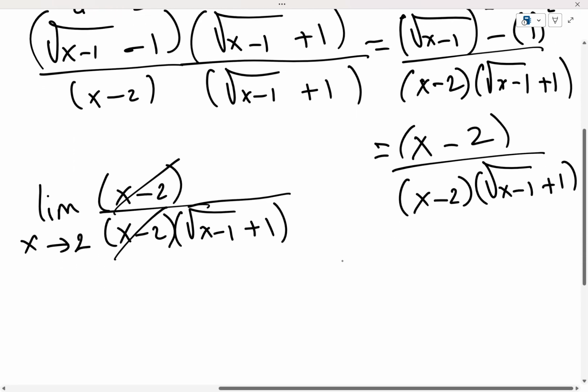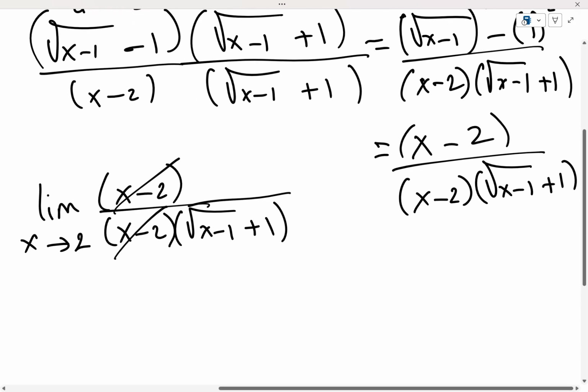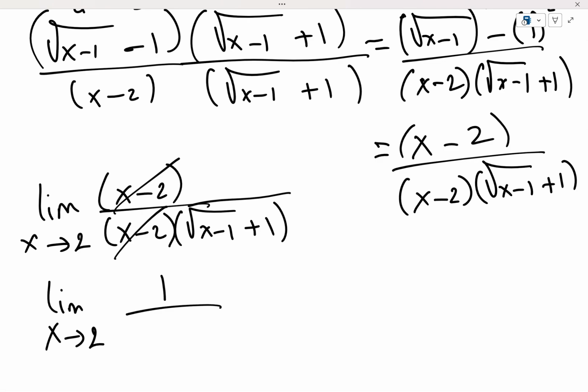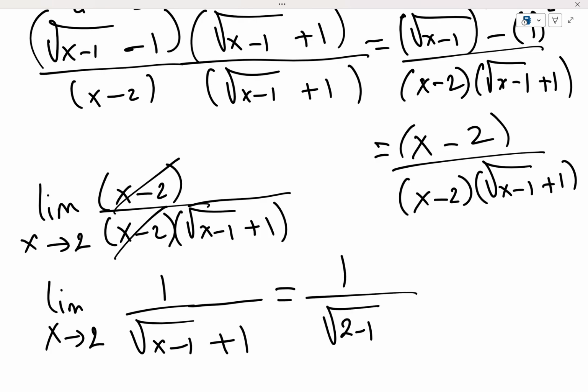So this is the same thing as the limit as x approaches 2 of 1 over (√x + 1). Now we can just do a direct substitution, plugging 2 in for x. This is the square root of 1, which is 1, so the answer will be 1/2.